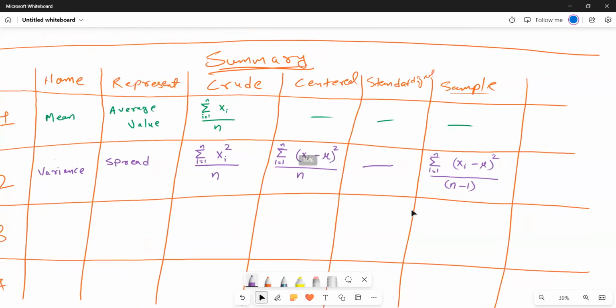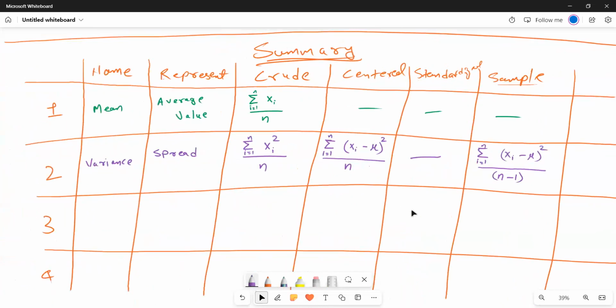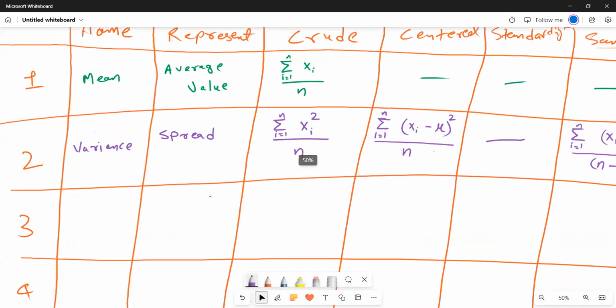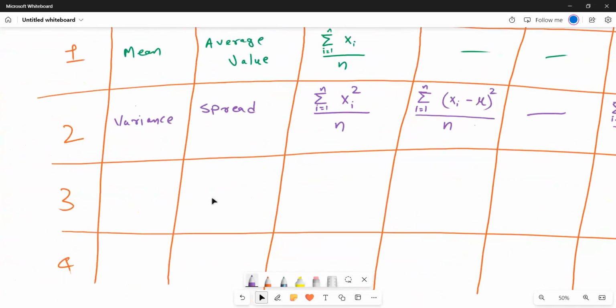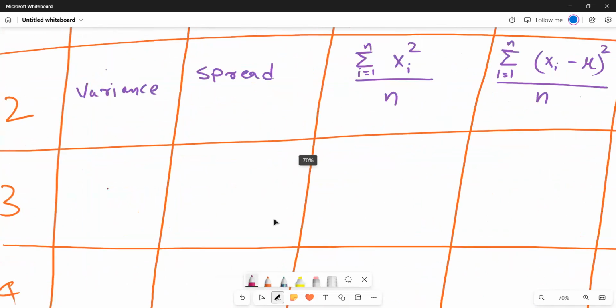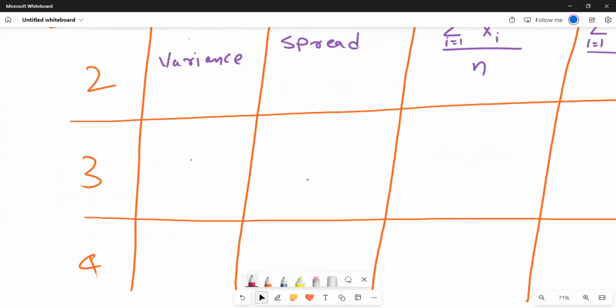All right. Now let's calculate the skewness. So how is skewness calculated? Your third moment is called skewness, right?